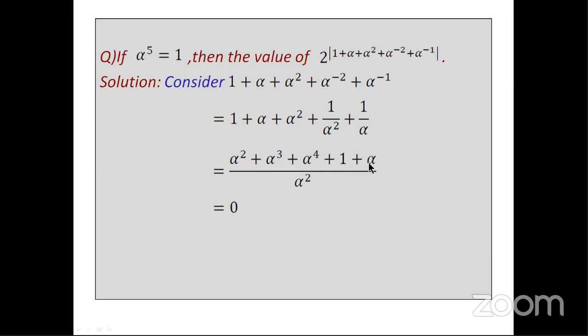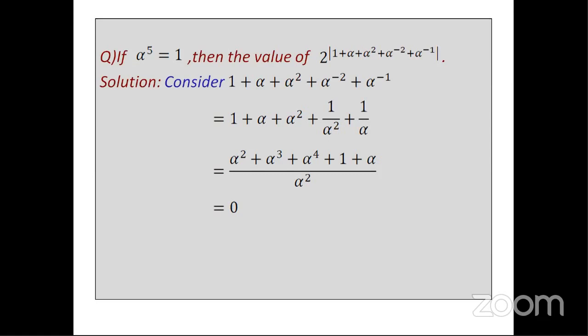What you are getting is 1 plus alpha square plus alpha cube plus alpha power 4. Here you have alpha power 5 is equal to 1. That means you are taking fifth roots of unity. What will be the fifth roots of unity? 1, alpha square, alpha cube and alpha power 4.